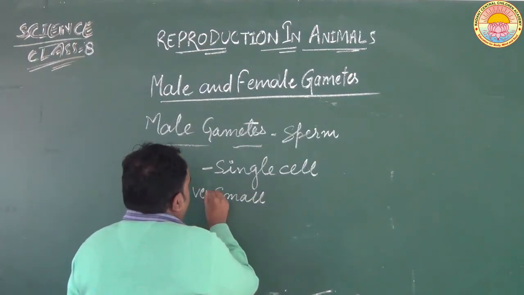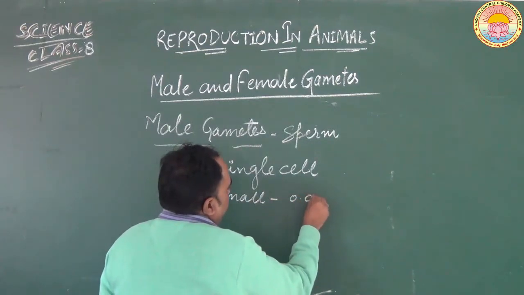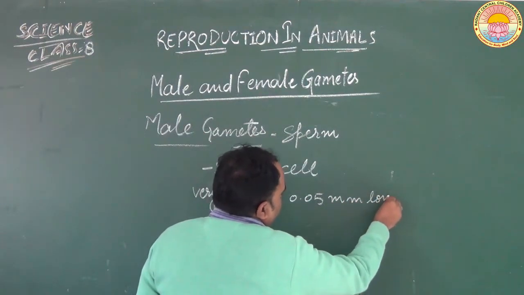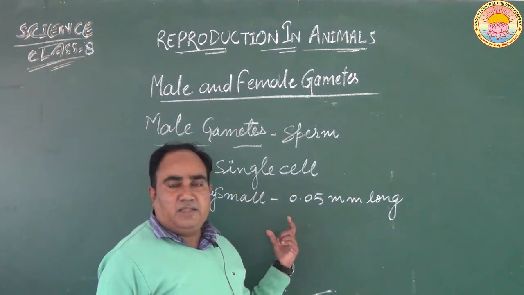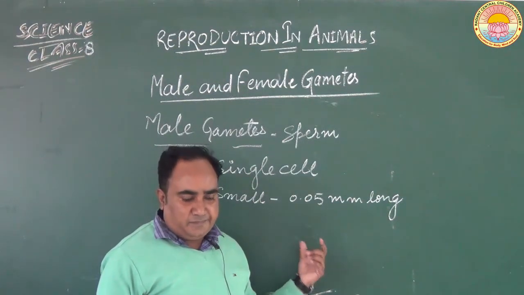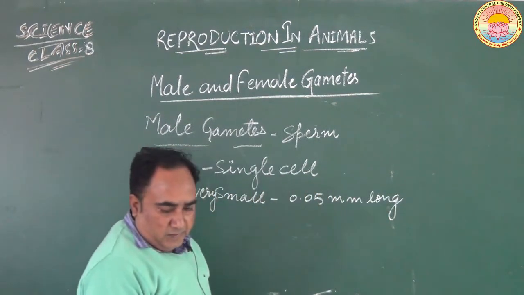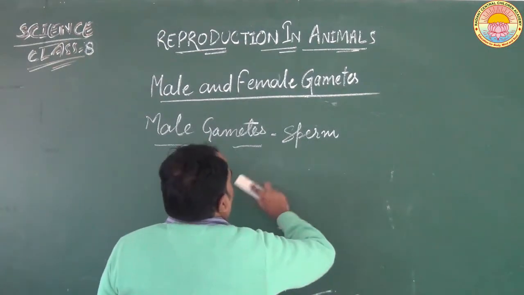It is about 0.05 mm long. They are very small and cannot be seen with our eyes. Now we see the structure of the sperm.